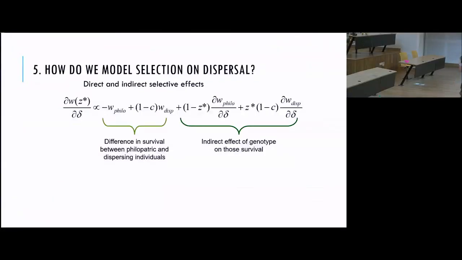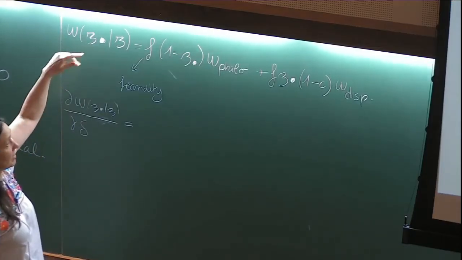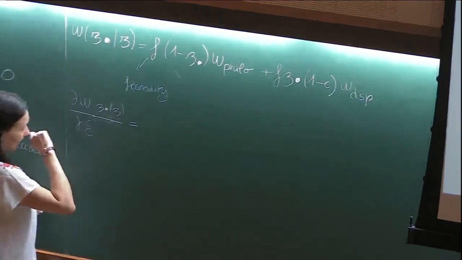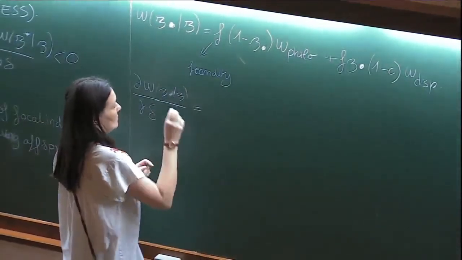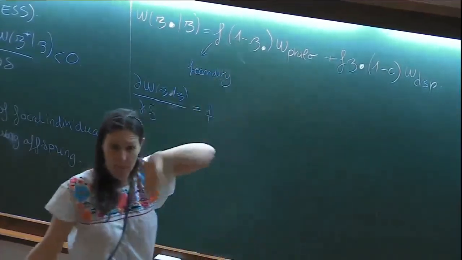Now, if I want to compute this derivative, the first thing is that if I take the derivative with respect to delta, assuming that my focal individual has a little m, if I take the derivative of this bit here, what do I obtain?